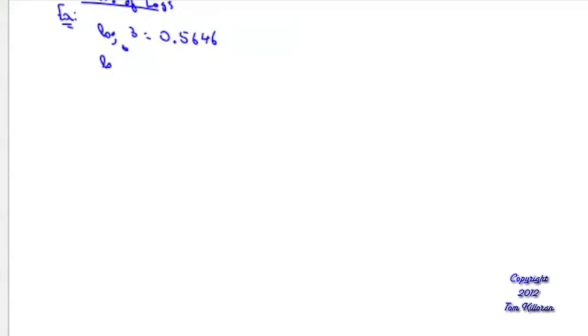The log base b of 5 is also some kind of specific number. And the log base b of 2 is also a specific answer. Do you care? No. These are just things that are given to you and you just accept them as set in stone. And then I'm going to ask you to evaluate this.